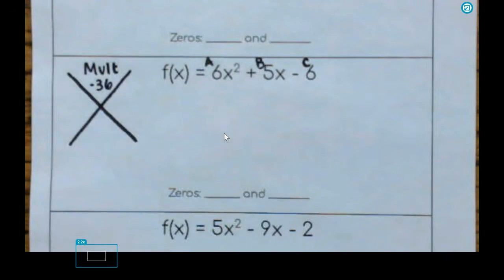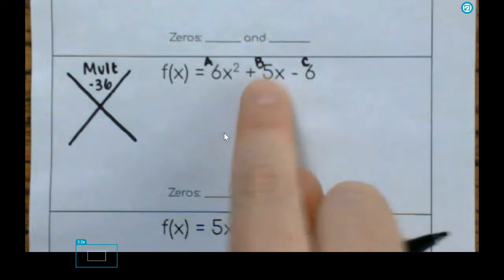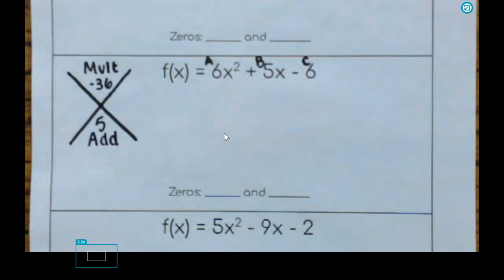So I need to multiply together to be negative 36. And I need to add together to be 5. So multiply to negative 36, add together to be 5.